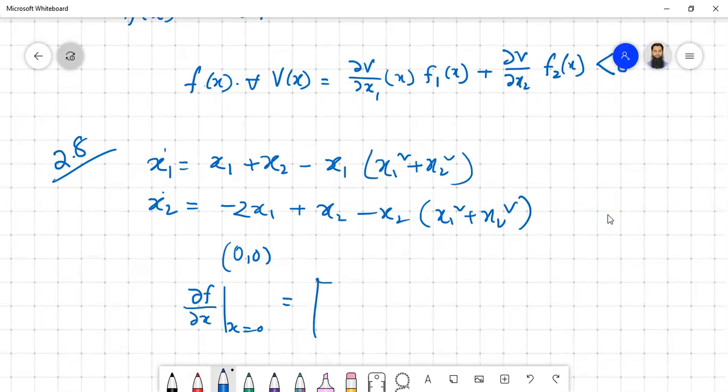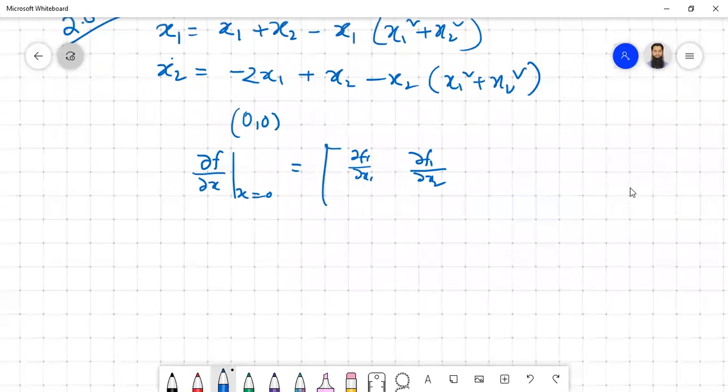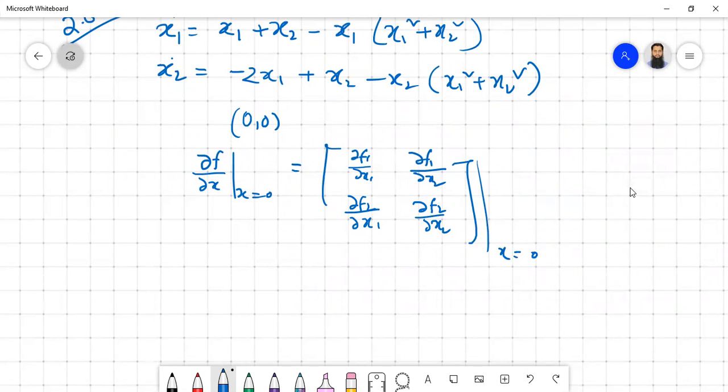That will be del f1 by del x1, del f1 by del x2, then del f2 by del x1, del f2 by del x2, with the point x equal to 0.